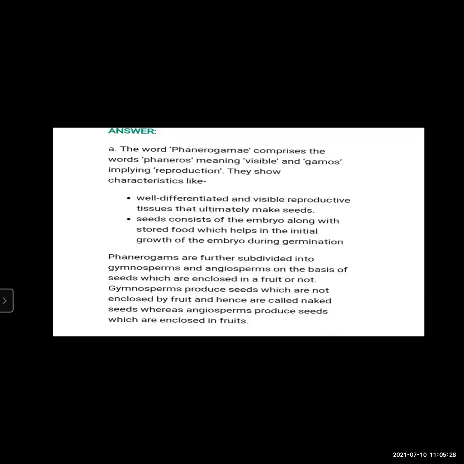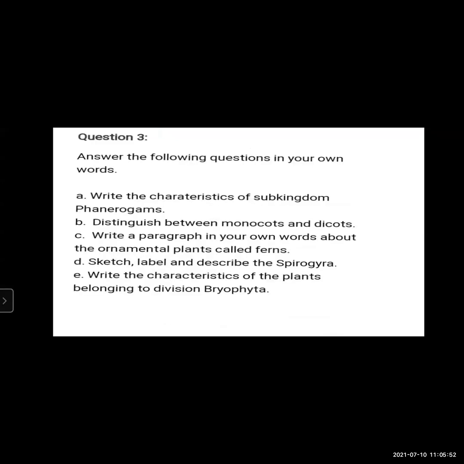So the question is, write the characteristics of subkingdom phanerogams. The word phanerogam comprises phanerus meaning visible and gamos meaning gametes implying reproduction. So what are the characters of phanerogams? You can underline these words, visible gametes.